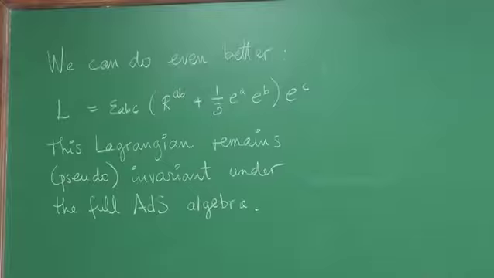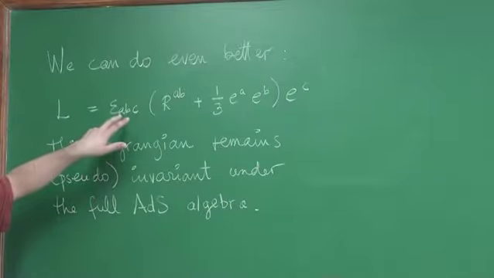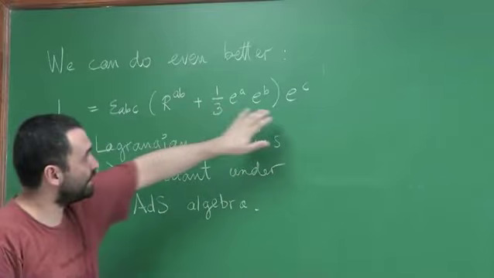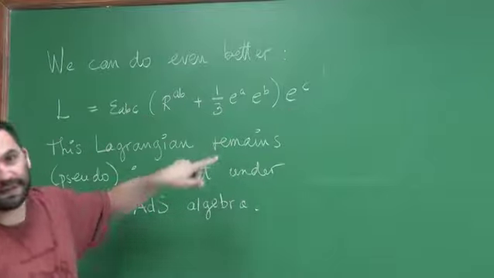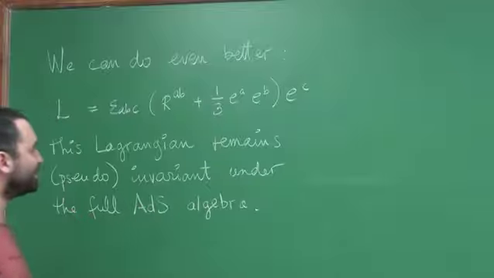So under Lorentz transformations, which is trivial because this is a Lorentz scalar, but also under these non-abelian translations. And for that to work, you have to have both terms, L0 and L1, combined in this precise combination. No other combination works.